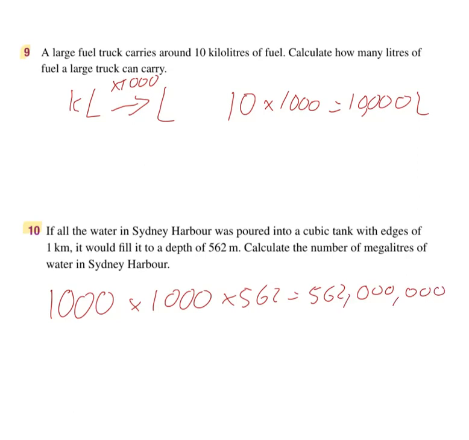So that's cubic metres. And to go from cubic metres to megalitres, it's just 1,000 to 1. So if you divided this number by 1,000, which would mean disregarding 3 of the zeros, because there's 3 zeros in 1,000, you'd end up getting the answer of 562,000 megalitres. And megalitres is big M.